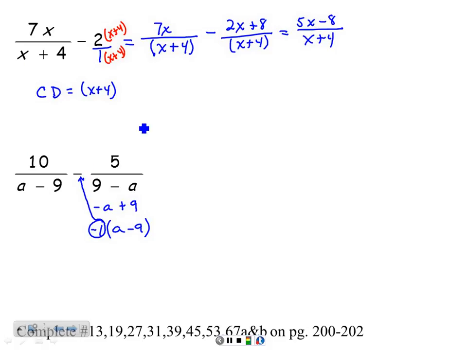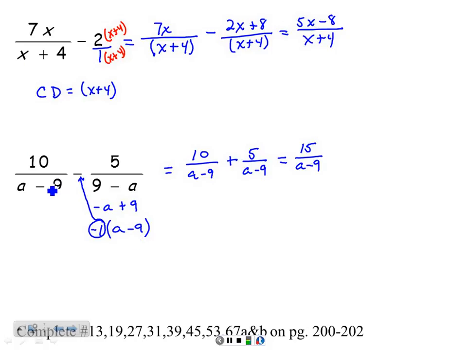So now what happens is I get 10 over a minus 9. Negative times negative is positive. 5 over this a minus 9. And that's how you're going to get a common denominator for these. Combine your numerators and you're going to get 15 over a minus 9.